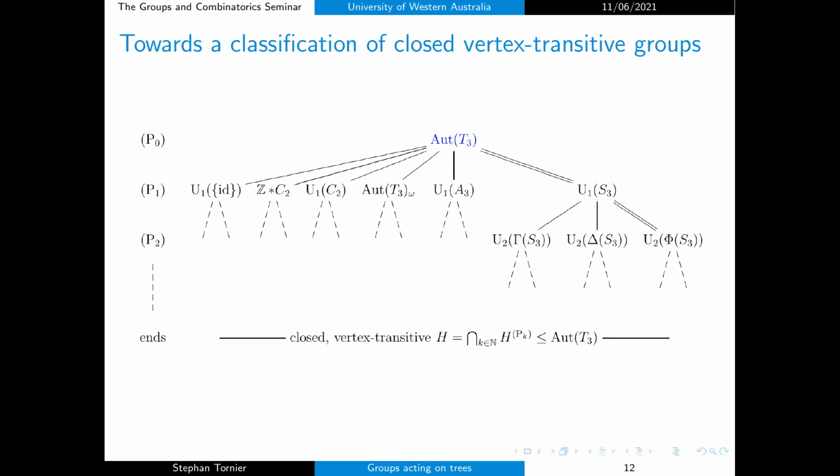Then I would like to classify all the 2 closed groups, 3 closed groups, and so on. The UKs are going to be examples at each respective level. If I take a ray or an end of this structure tree, it's going to represent a closed vertex transitive group acting on the tree by intersecting everything that appears along that ray. So we have a horizontal classification at level 1, and examples at each other level.